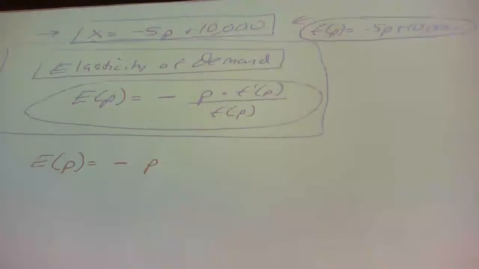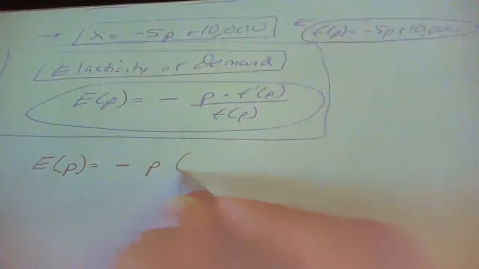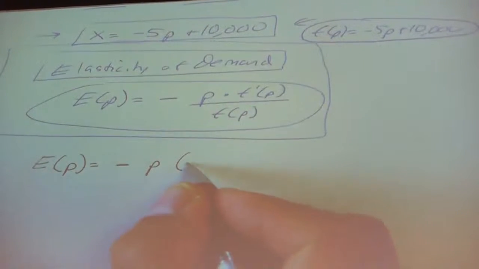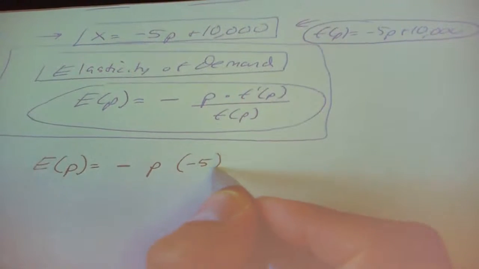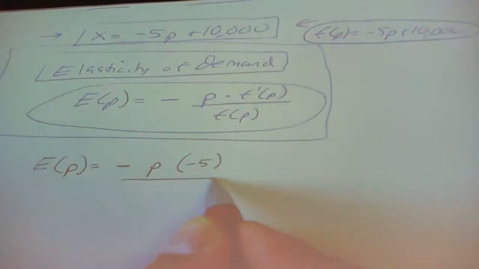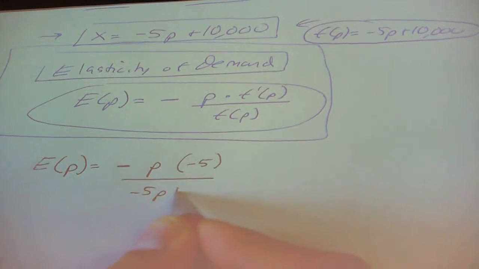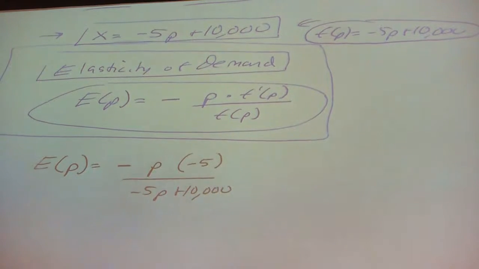So negative P for price, and then what's the next step? The derivative of your function. What's the derivative of negative 5p? Negative 5, and then the derivative of 10,000 is 0. All of that over what? The original function. Stop there, take a second, make sure everything matches up and makes sense.